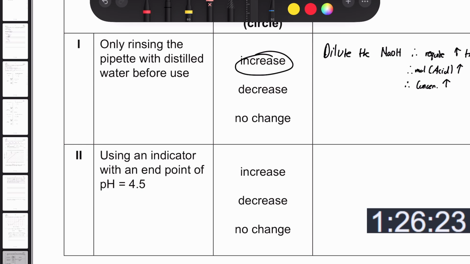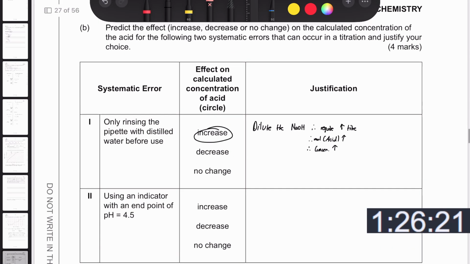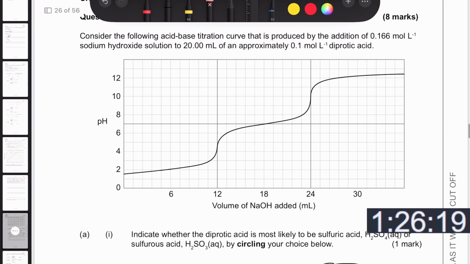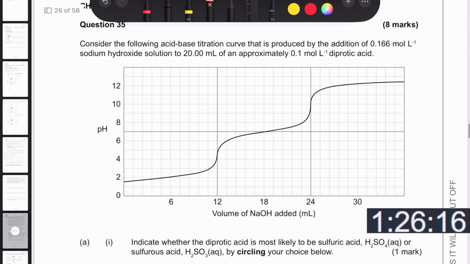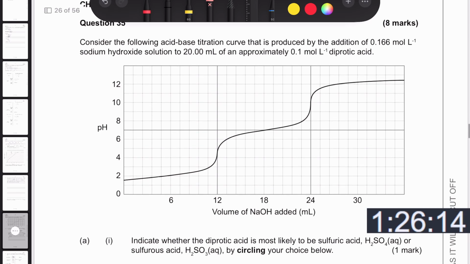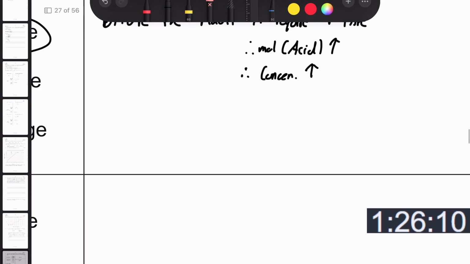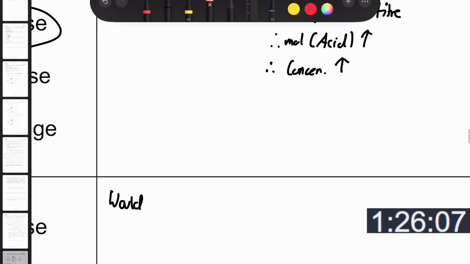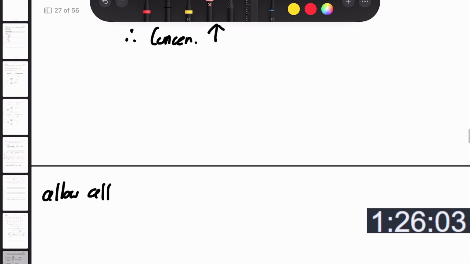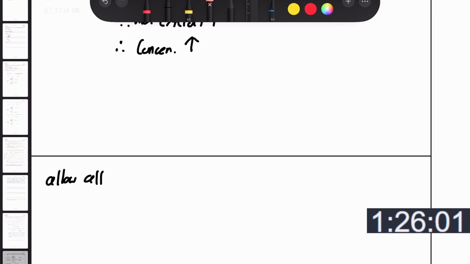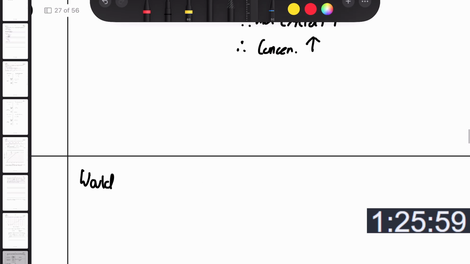Use a pH indicator with an endpoint of 4.5. And it would decrease, would not allow all, no, would end titration too early.